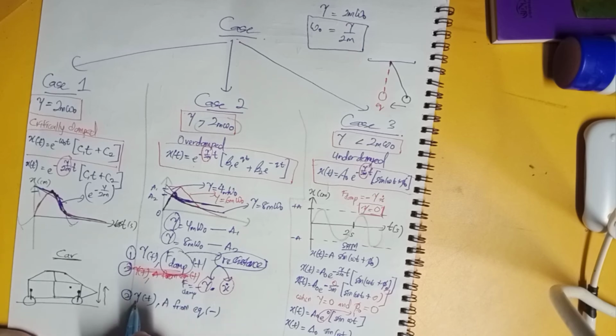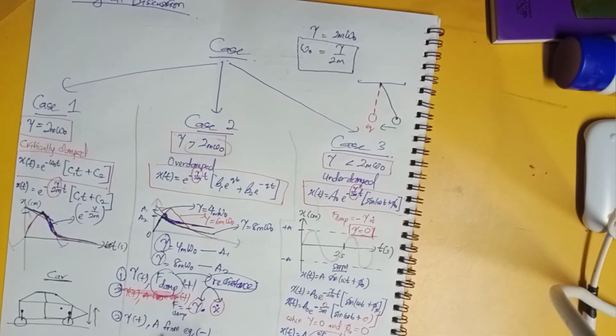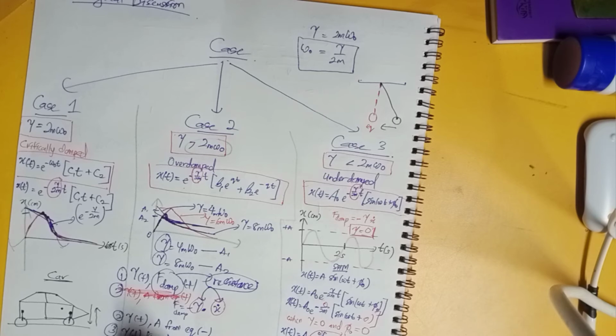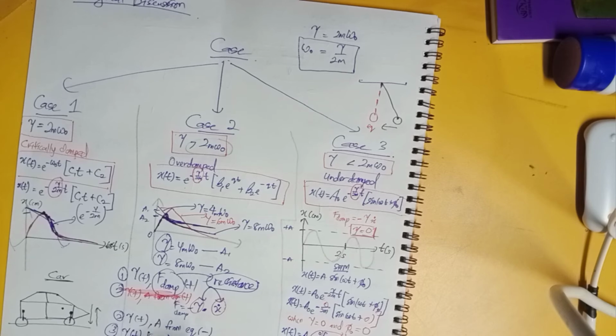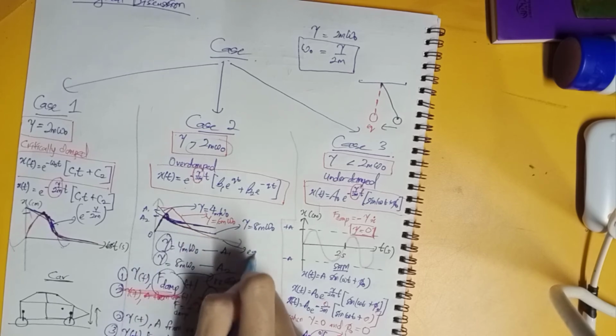So when the damping constant increases, we see that the amplitude from equilibrium decreases, and at the same time when gamma increases, the time to approach equilibrium takes more time, which means that it becomes slow to approach this equilibrium. This right here is what we call the equilibrium condition.